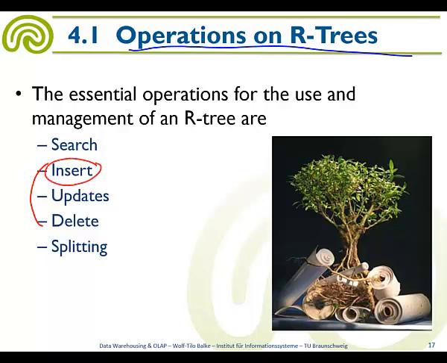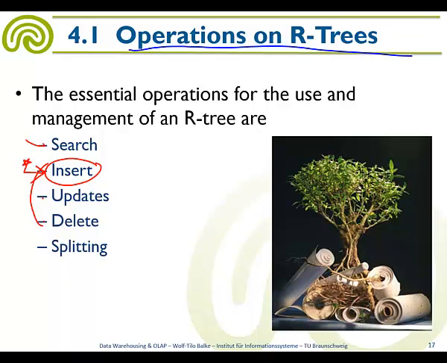Insert is, one might say, the most important operation, and the efficiency of your index structure depends heavily on it, because both the update and the delete operations, as we will see later on, are converted somehow into an insert operation. So insert is very important.